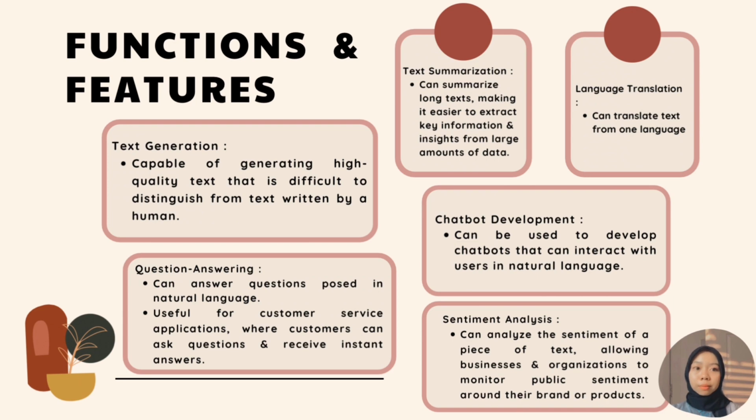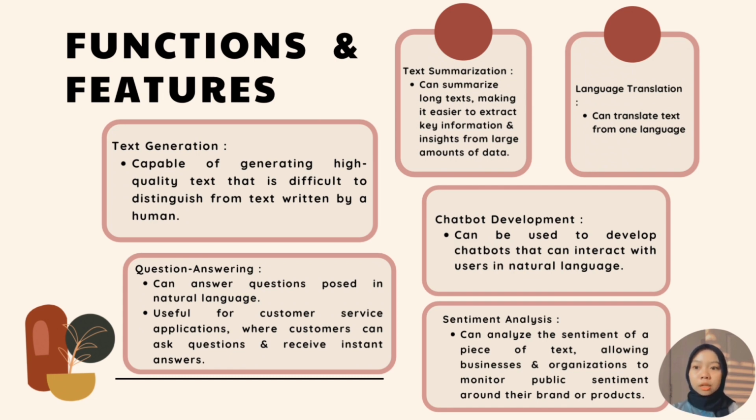Next, text summarization. It can summarize long text, making it easier to extract key information and insights from large amounts of data. Moreover, language translation. GPT-3 can translate text from one language to another. This is useful for businesses and organizations that operate in multiple countries and need to communicate with customers and stakeholders in different languages.